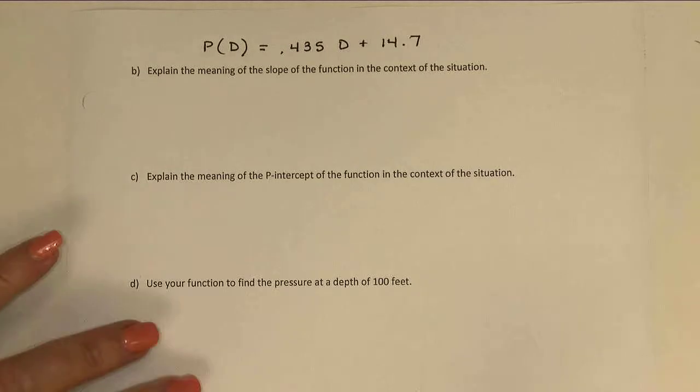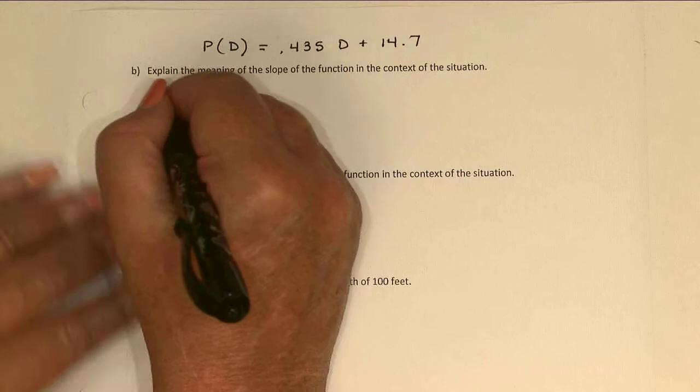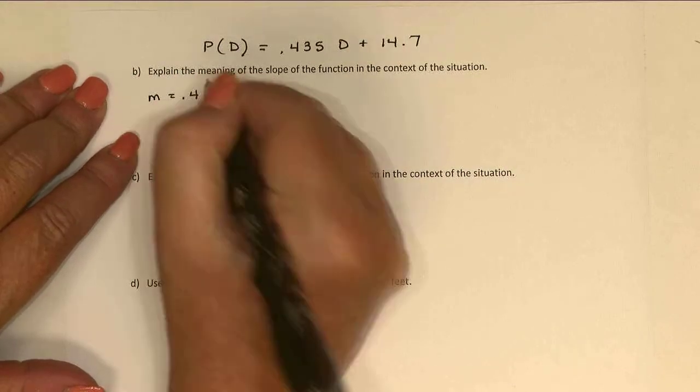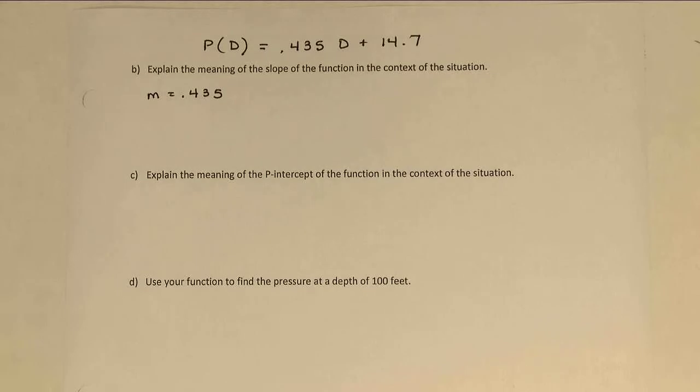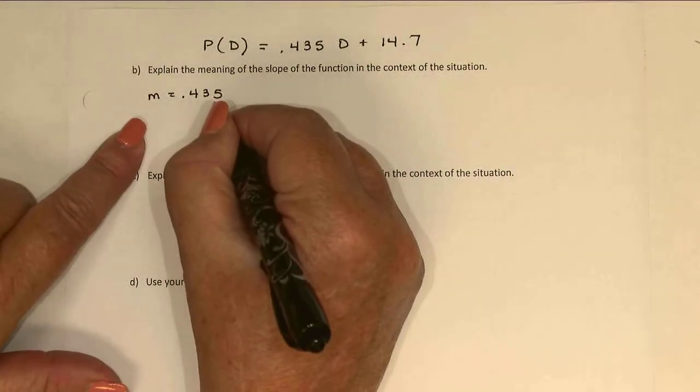All right, we want the meaning of the slope in the context of our situation. We know our slope is 0.435, and that's going to be the rate of change. Now, it's the pressure that's changing with respect to depth. So pressure had units of PSI, pounds per square inch.